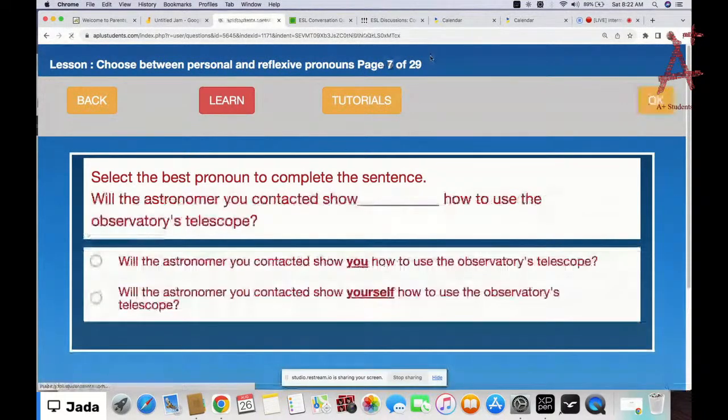Can you guys tell me in the chat box, do you understand the first lesson on reflexive and personal pronouns? If you understand, you can say yes, so that we can move on to the next lesson, only if you understand.